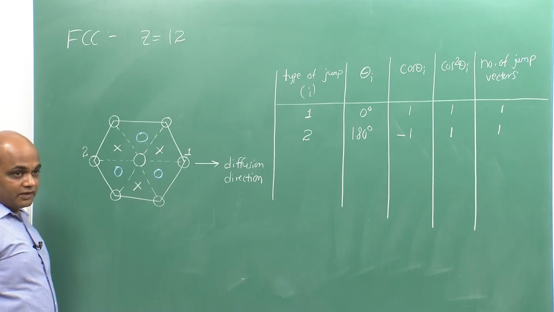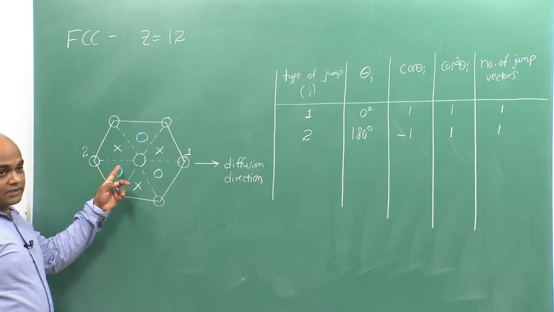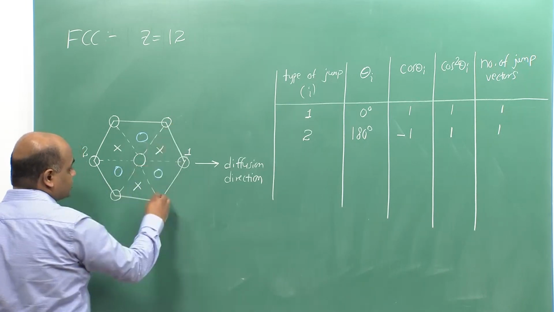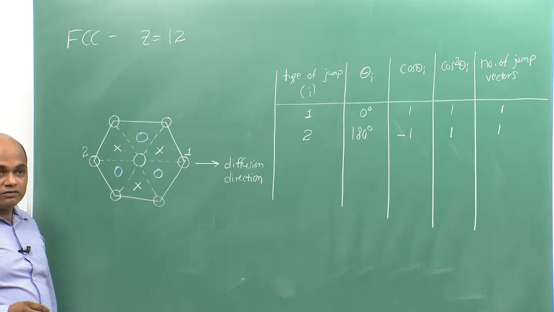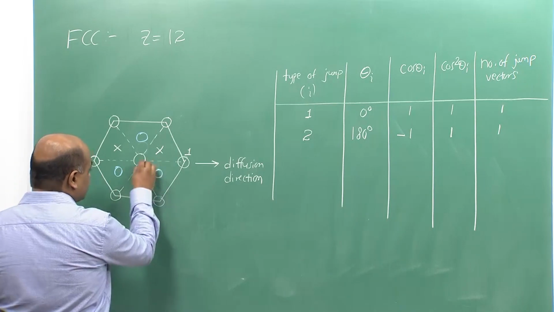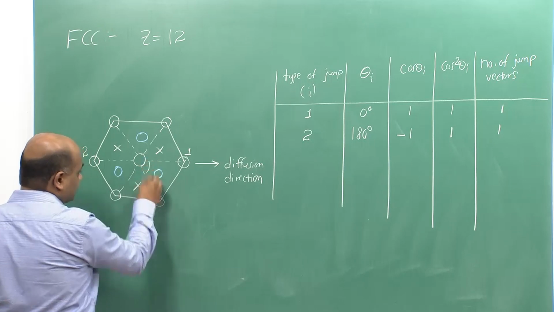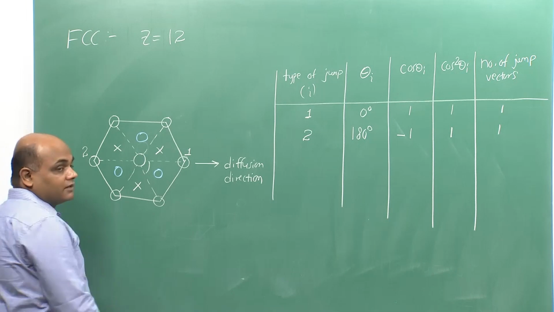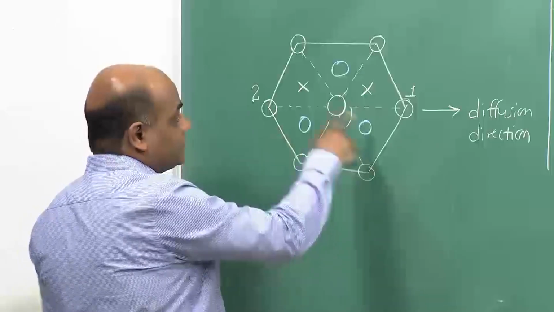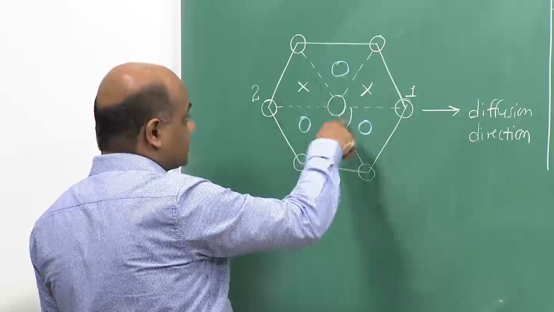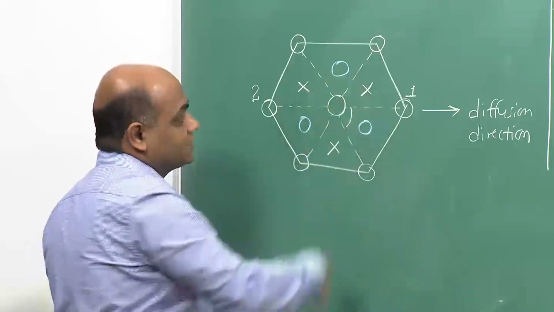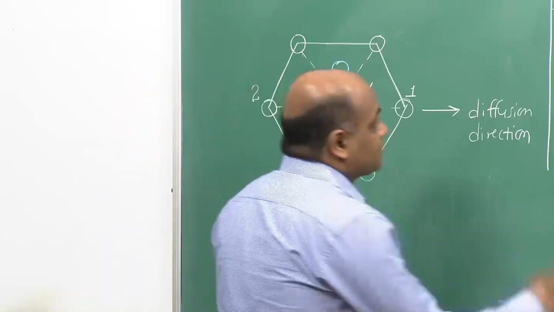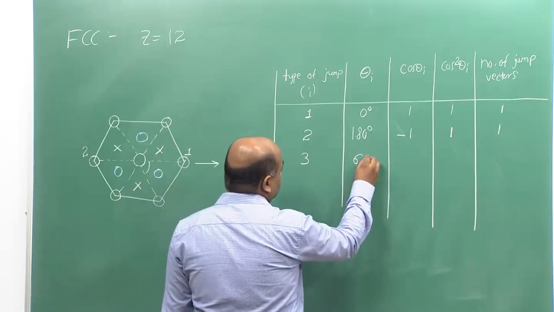Now, what is the next type? So, if you consider in-plane atoms, these two, what is the angle that they make with this diffusion direction? This angle, what is this angle? This is a hexagon, this is 360, and 1, 2, 3, 4, 5, 6, 360 by 6, this is 60 degree, right. So, type 3 is 60 degree.